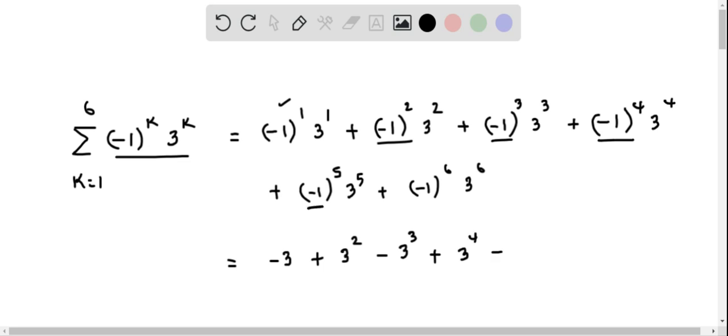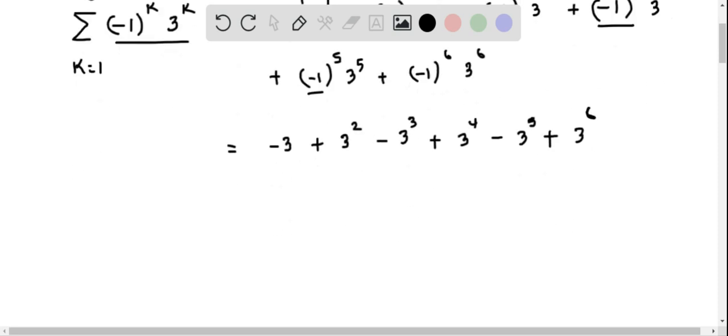And then negative 1 to the power 5, negative 1 raised to an odd power will be negative 1, so negative 1 times 3 power 5 is negative 3 power 5, plus negative 1 raised to the even power 6, which is positive 1, and 1 times 3 power 6 is 3 power 6.